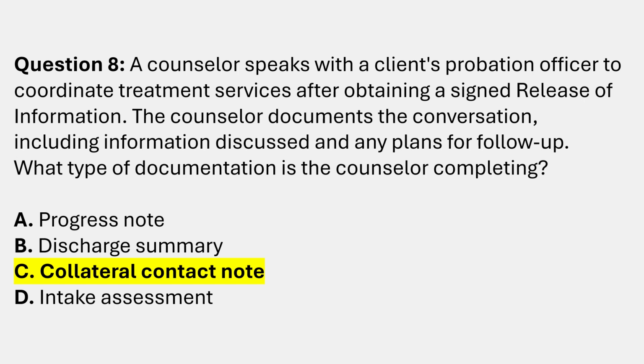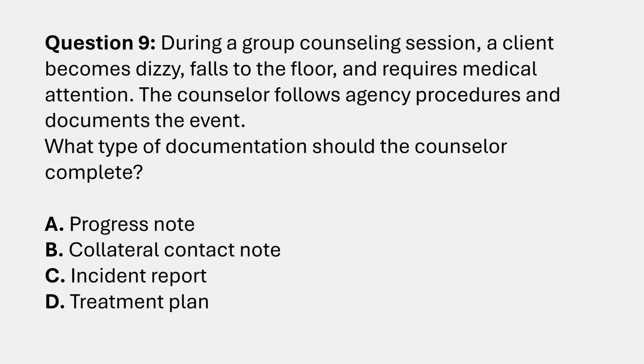B is incorrect because a discharge summary is completed when treatment ends and summarizes services and outcomes. And D is incorrect because an intake assessment is completed at the beginning of treatment to gather client information and identify treatment needs.